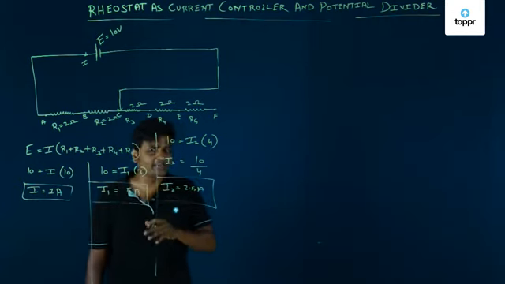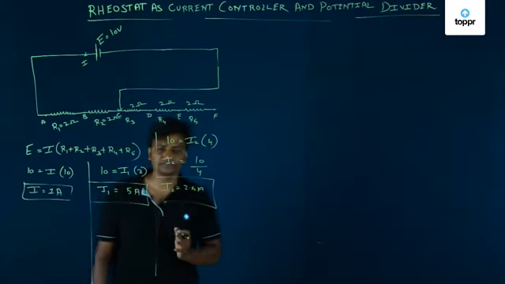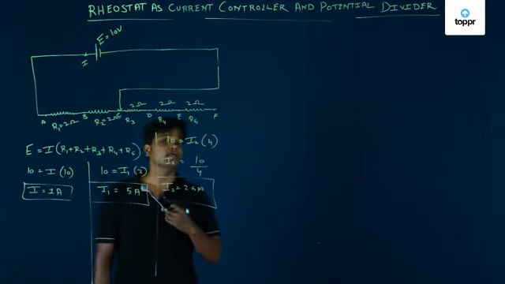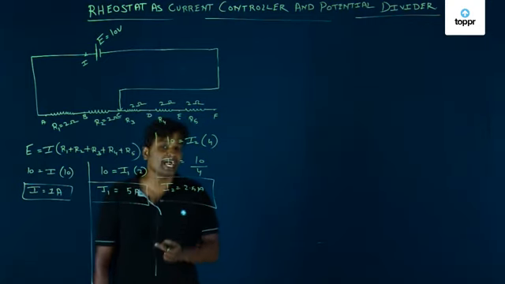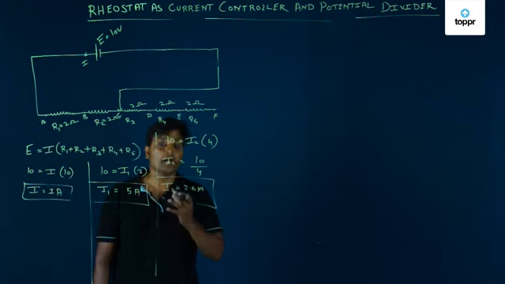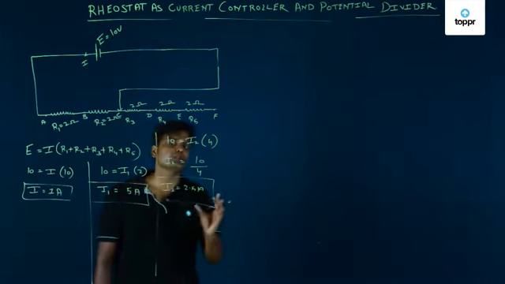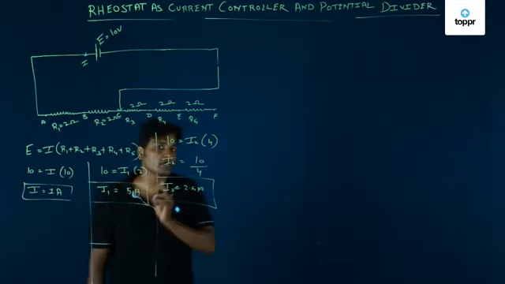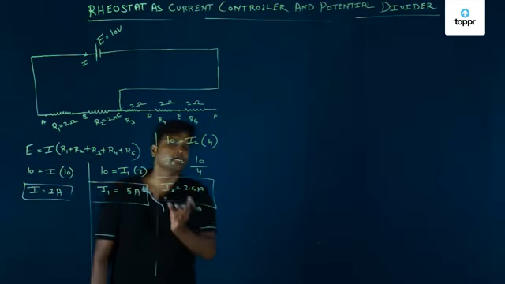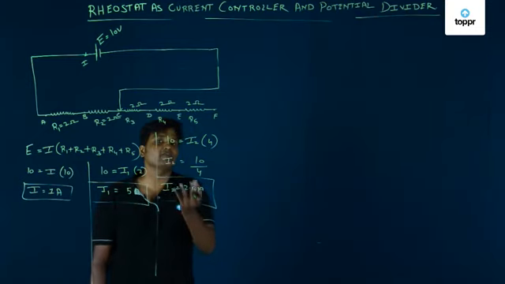That means I will get discrete values of current, right? However, what if I am having a continuous variable resistance? If I am having a continuous variable resistance, I can get any desired value of current.